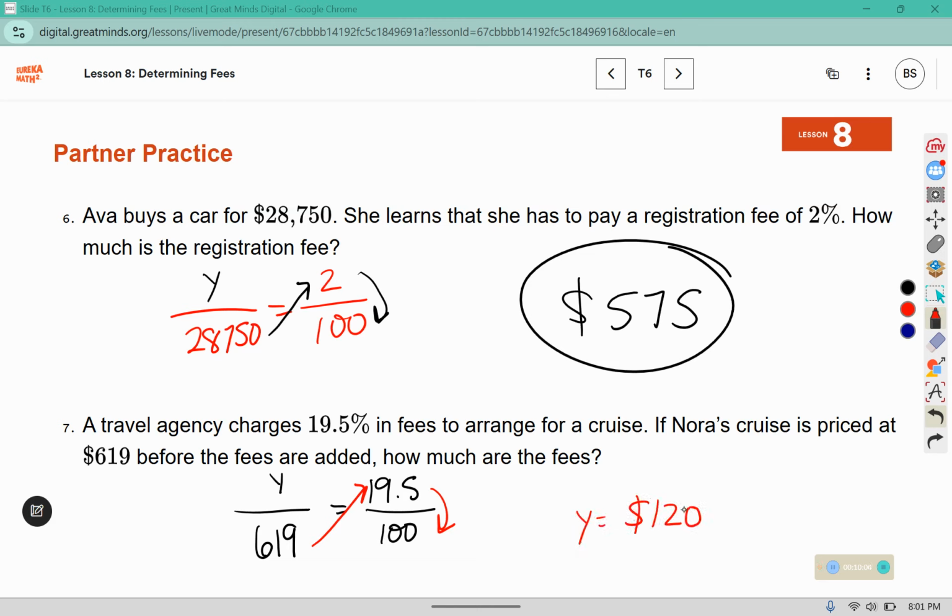That would give us 120.705, but the 5 rounds up to a 1, which means they're going to pay $120.71 in fees.